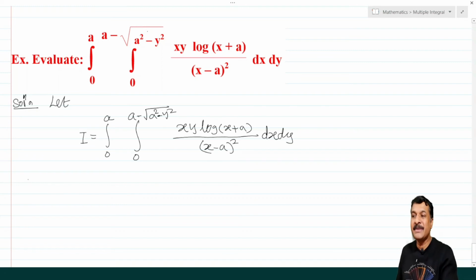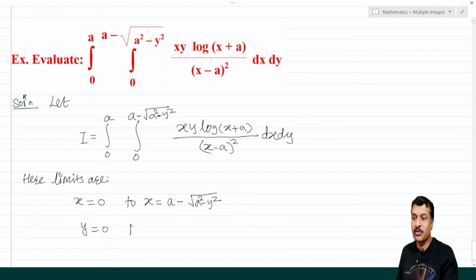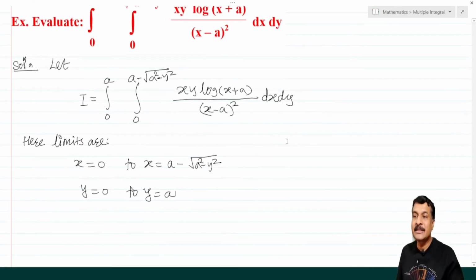So the given limits are here. The inner integral contains y, meaning integration with respect to x. So the x limits are x equal to 0 to x equal to a minus under root of a square minus y square, and the remaining y equal to 0 to y equal to a.